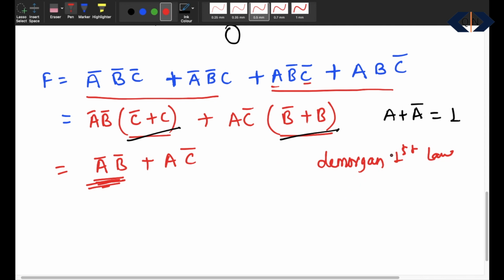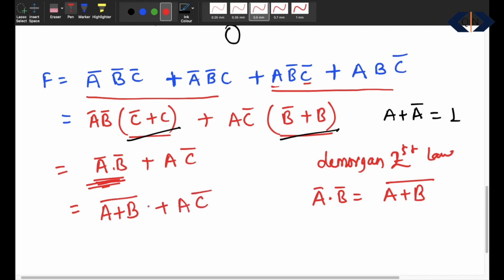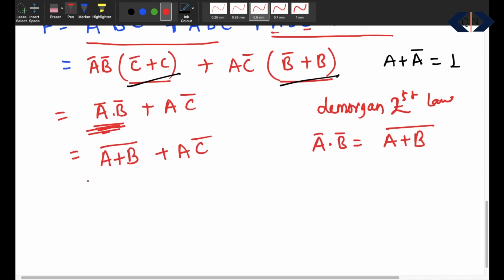We will be utilizing DeMorgan's second law here, which will be equivalent to A bar dot B bar equal to A plus B bar. Although it looks more simplified, we can move further ahead and it will be equivalent to A bar dot B bar A plus B bar plus A C bar. So this is the final simplified circuit.